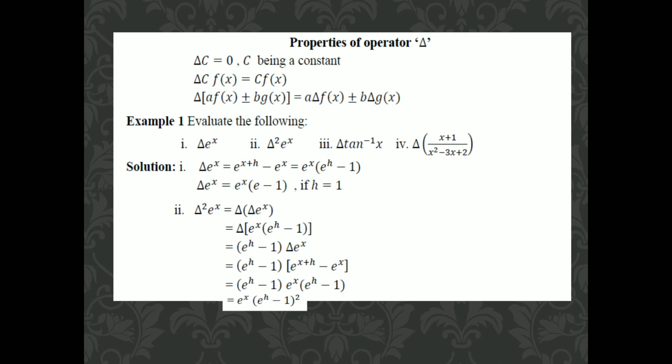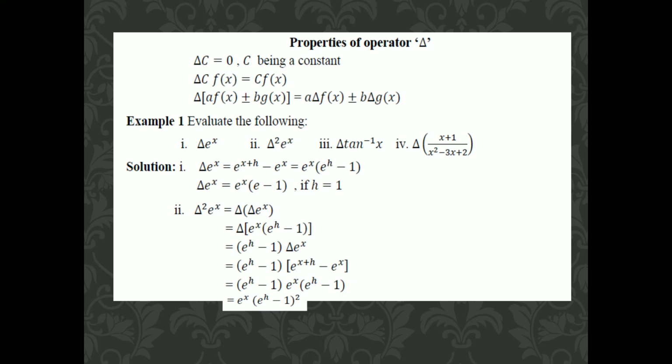Because the base is common, we can write the first term as e raised to x into e raised to h, and take e raised to x from the first and second term as a common term, write it outside the bracket, and the remaining terms inside the bracket as e raised to x into (e raised to h minus 1). Therefore delta e raised to x is equal to e raised to x into (e minus 1) if h is equal to 1.